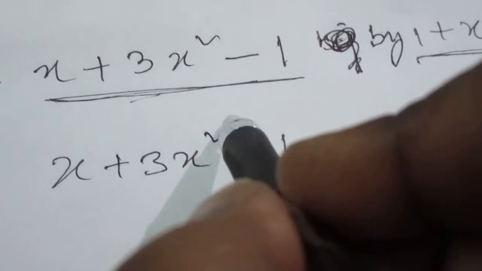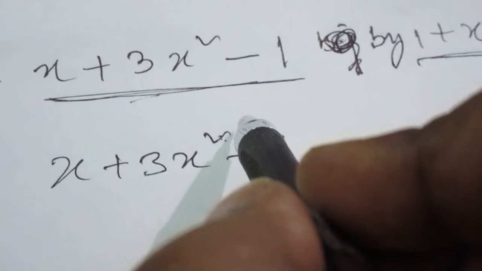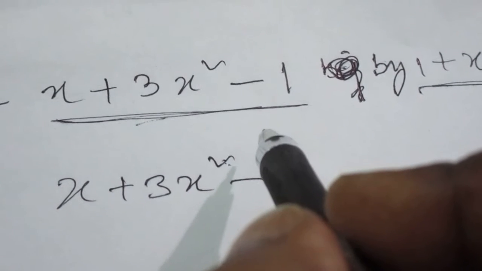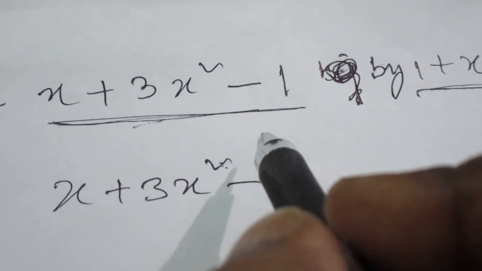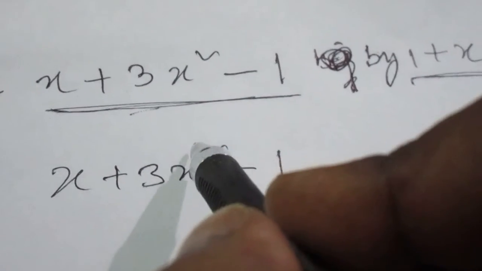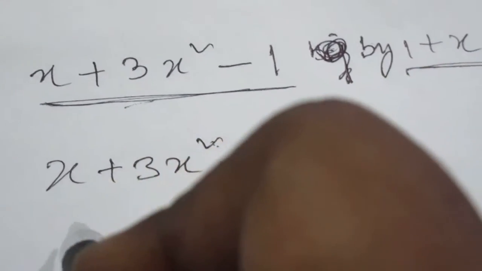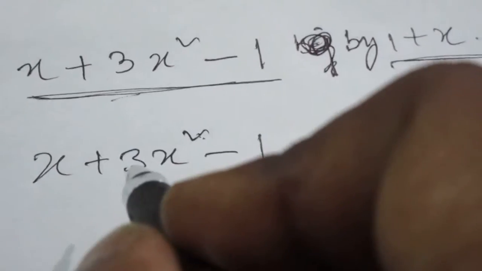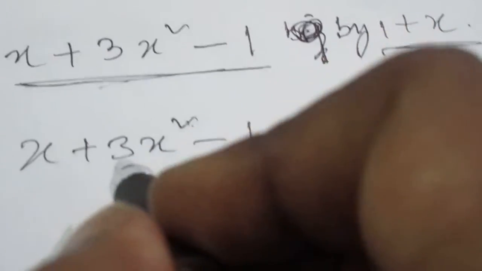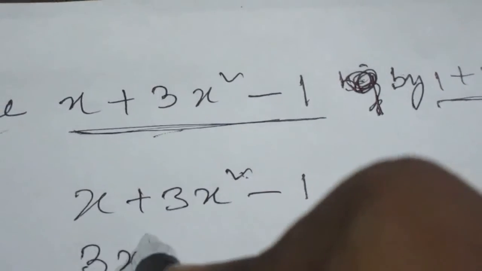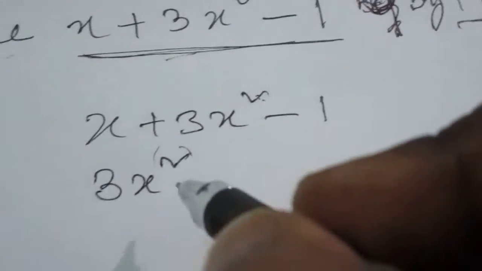Okay, so we have to write the term with highest power first. So what is the term? 3x square, because here the power is 2.